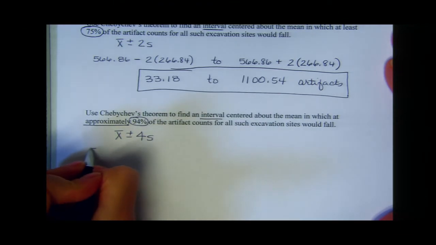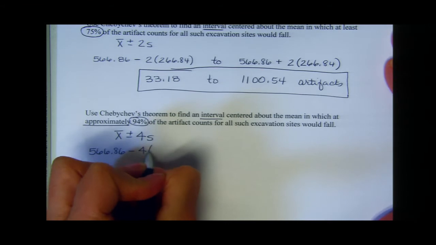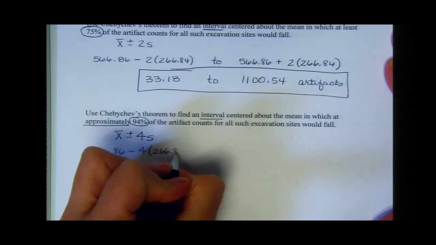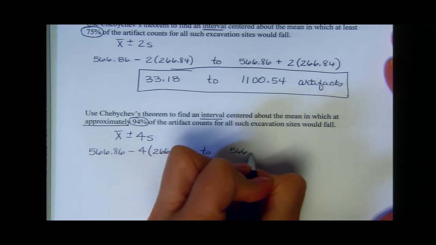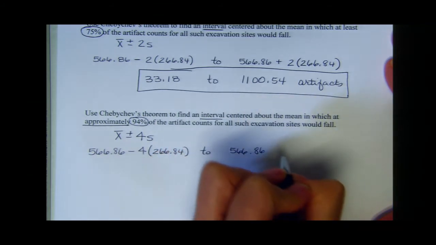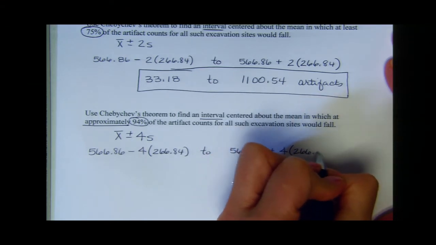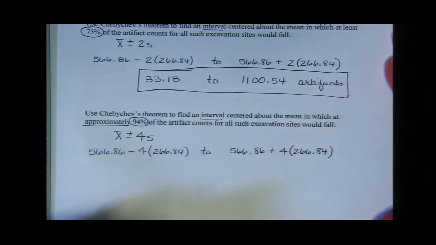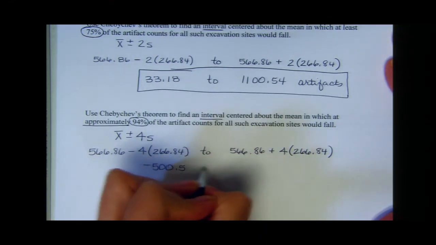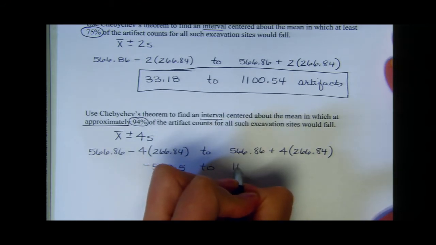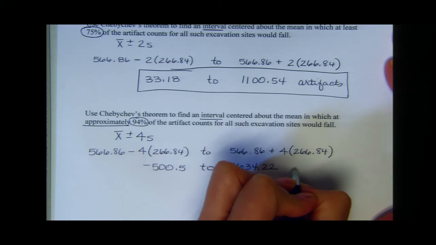So I would do 566.86 minus 4 times 266.84 to 566.86 plus 4 times 266.84. And I do that calculation and I get negative 500.5 to 1,634.22 artifacts.